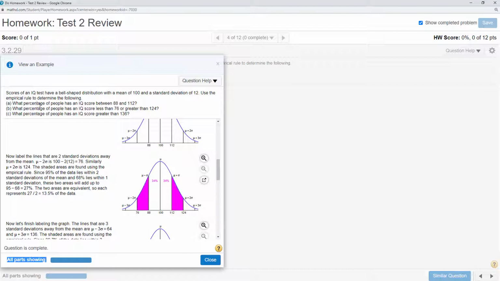And within two deviations, we're going to have 95% of the data. In perspective, one deviation is 34 and 34, which is 68. So what it amounts to is adding 13.5% to each side, here in purple. You can see 95 minus 68 is 27, so it added 27 total, which would be 13.5 on each side.